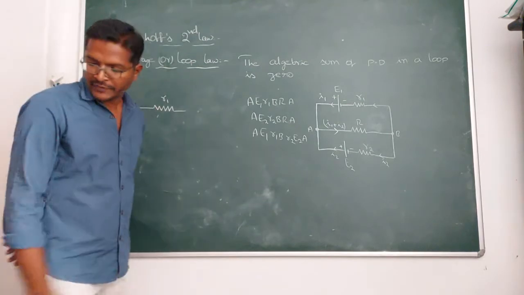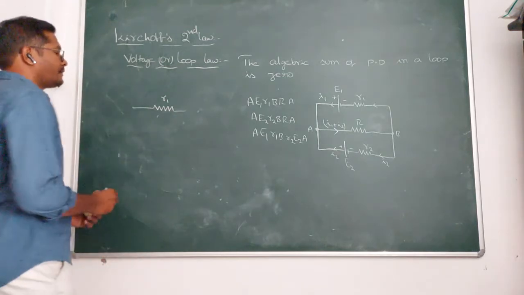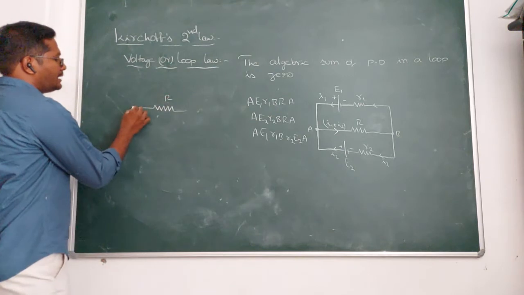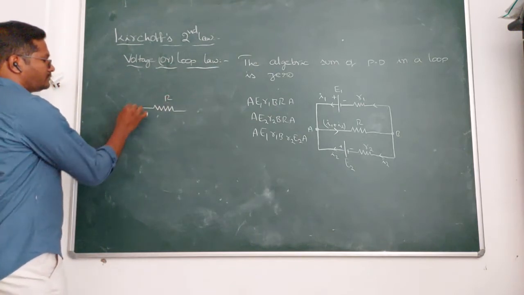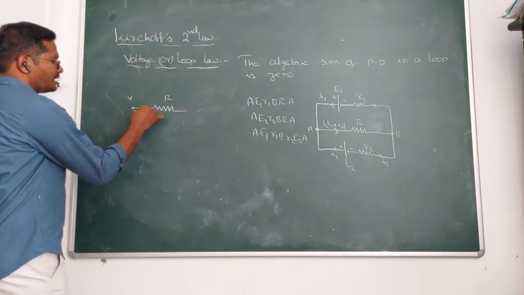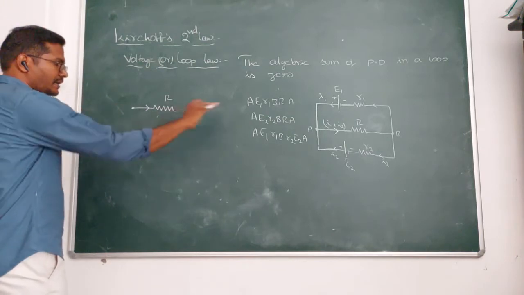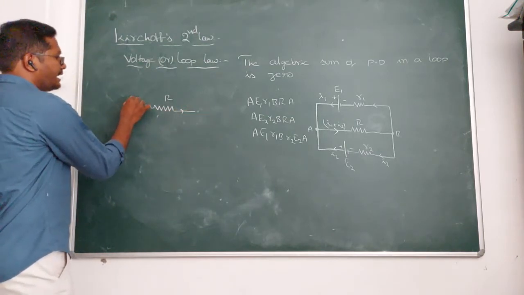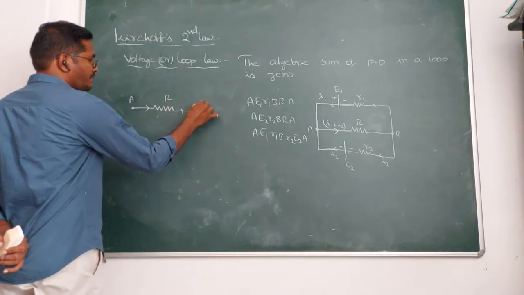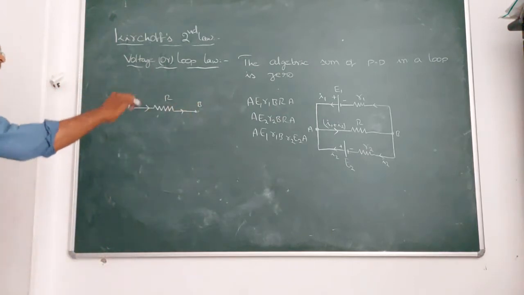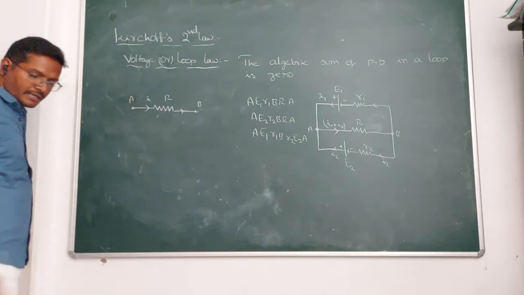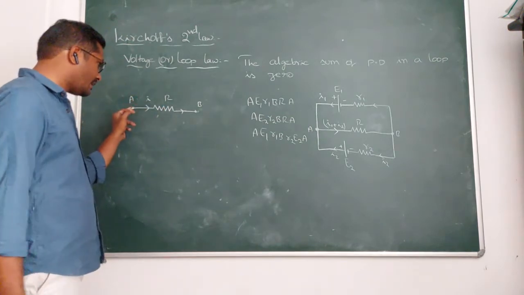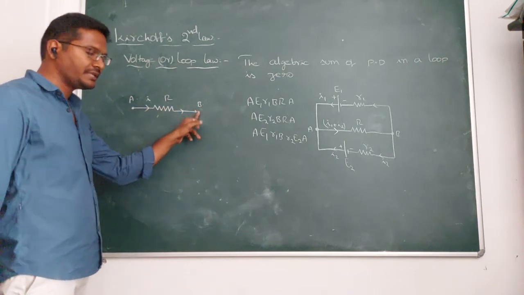Generally, suppose you have a resistance here and it is at a higher potential, this is the direction of the current. So if the direction of the current is given in this direction, and this is point A and this one is point B, what is the direction of the current? Current always moves from positively higher potential to positively lower potential.